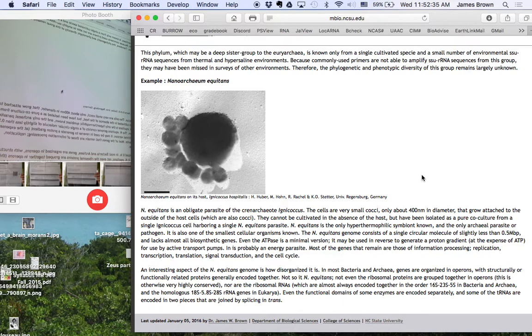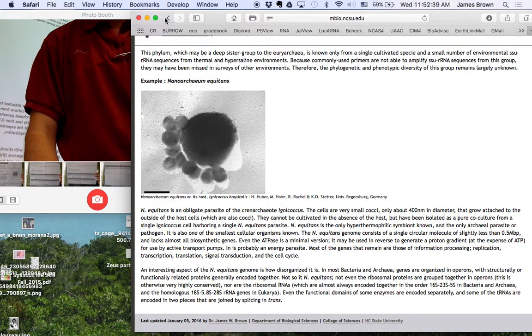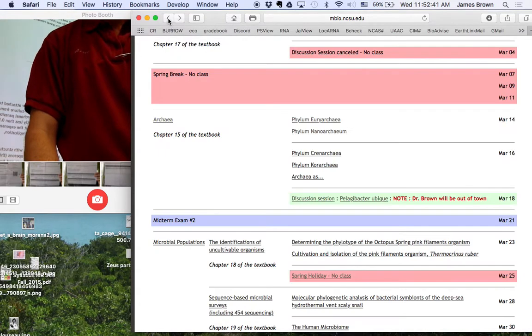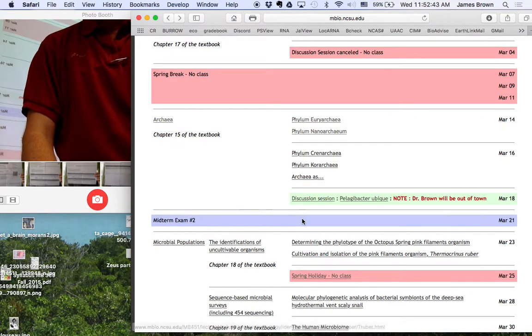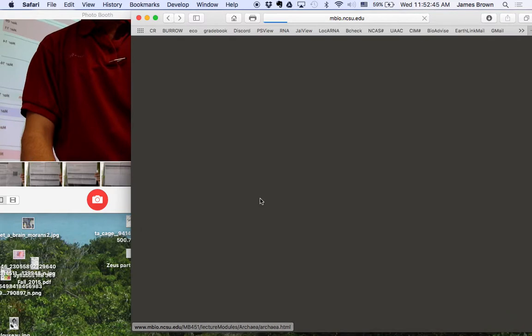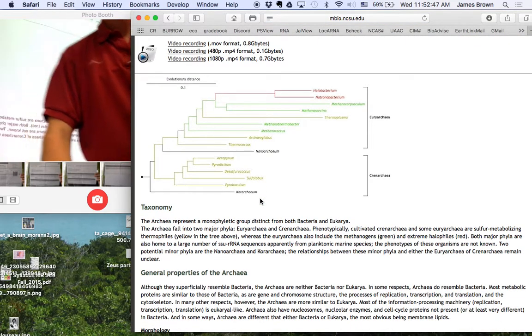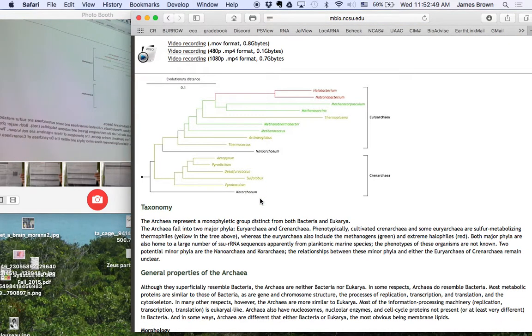And that actually, if you look at the tree, if I can go back here to the archaeal tree, compared to some of these other organisms here, this has a relatively long branch, a high evolutionary rate, and that probably is why it's pulled down in the tree. It probably is a long branch attraction.